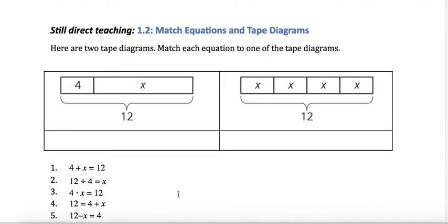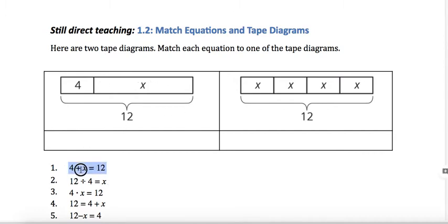Down here, this is in our illustrative curriculum, also on Open Up Resources. This is called Matching Equations and Tape Diagrams. So for each of these, we're going to identify whether it is a sum or whether we are looking at multiplication. 4 plus x equals 12. So I can see from left to right, I have a 4 and an x, and it all adds up to 12.